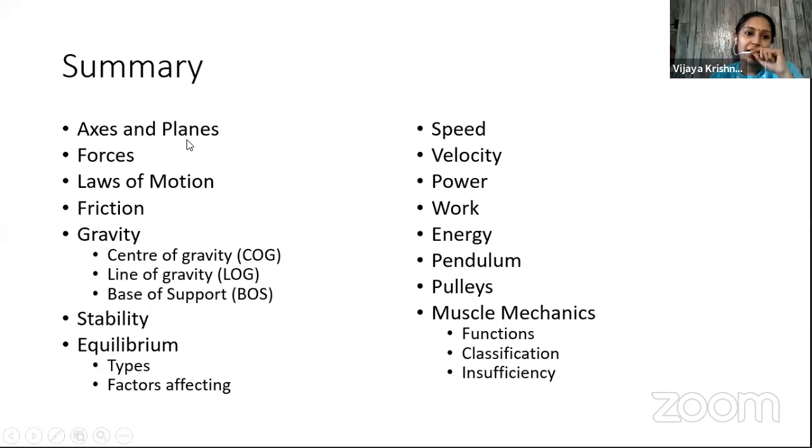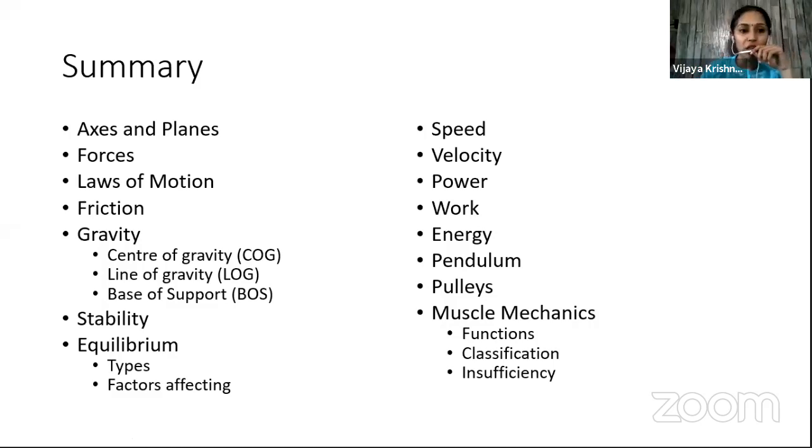The axes and planes. We have axes which are three in nature: sagittal, frontal, and coronal. We have the planes again, which are three in nature: sagittal, frontal, and horizontal. We covered the forces, the different types, the laws of forces, and what happens when two forces, balanced or unbalanced, act on the body.